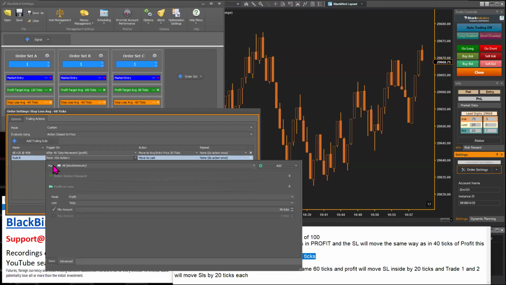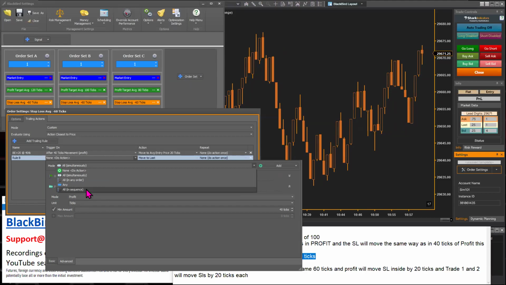Now the mode here is, we're not going to get the entry order filled and 40 ticks of profit at the same time. So the mode we're going to change to is in sequence.